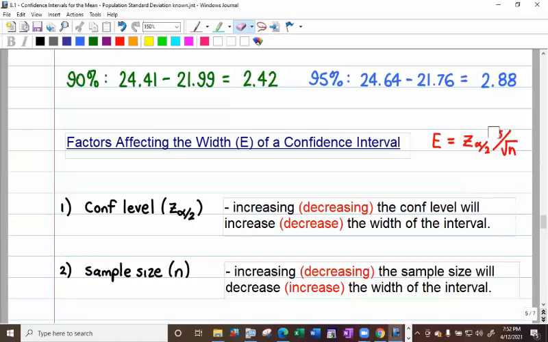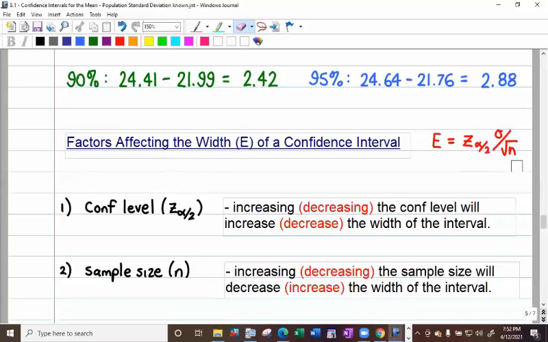Now, since the standard deviation is a calculated value, you can't just randomly change that, but you can change your sample size. If you're collecting data, you might be able to collect more data and affect it that way.